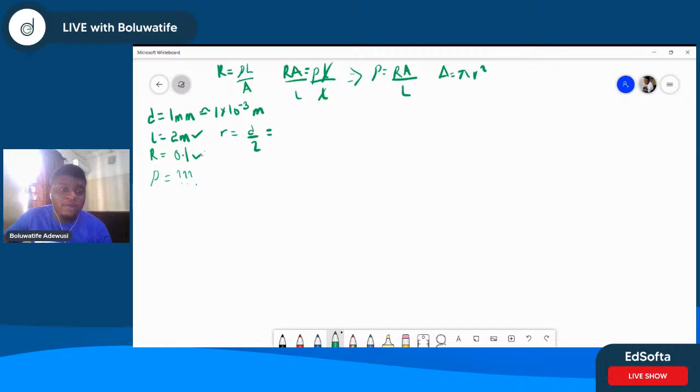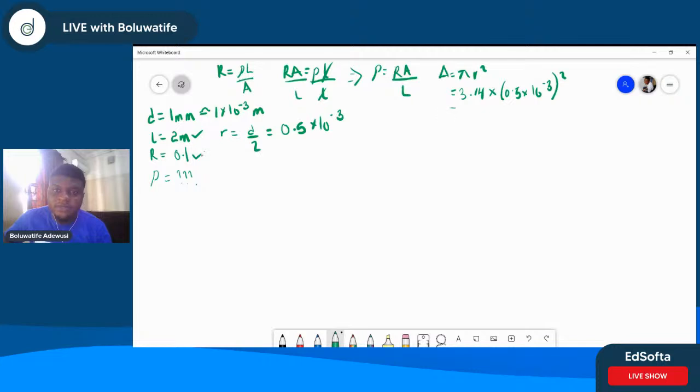And 1 divided by 2 gives me 0.5, so 0.5 times 10 raised to the power minus 3. Okay, so I have my radius, so that means I can continue. Now I can do 3.14 times 0.5 times 10 raised to the power minus 3, all squared.